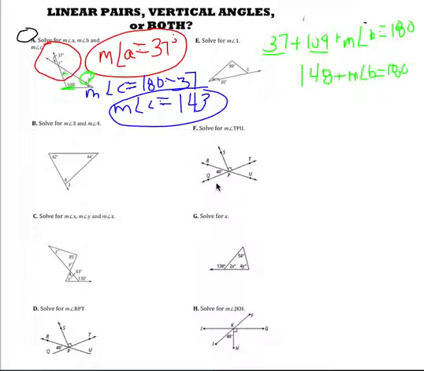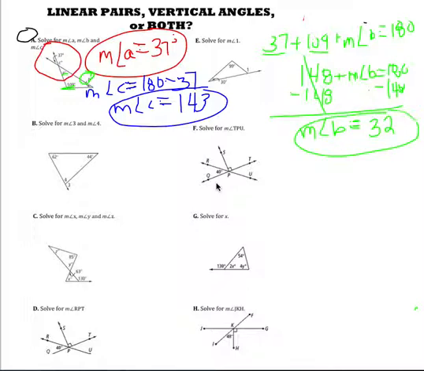And then we just need to subtract 148 from both sides. And we get that the measure of angle B is 32 degrees. So we have only used two equations and we've solved for all three of those angles.